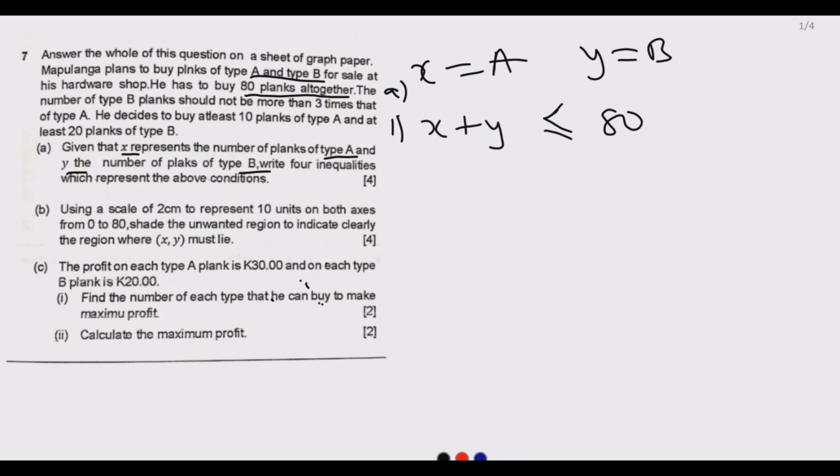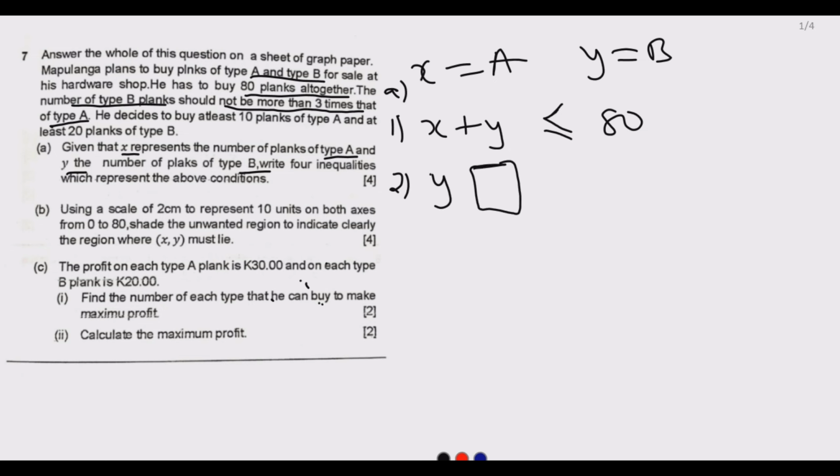Then we proceed. The number of type B planks should not be more than 3 times type A. So again, let us do this relationship. The number of type B, so type B is Y. Then we have a box there.